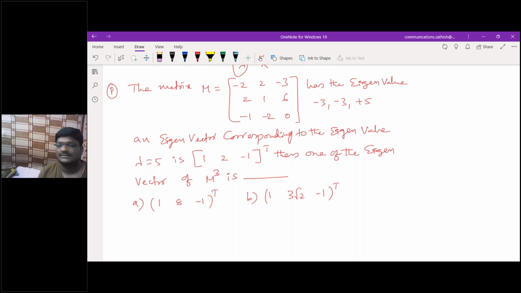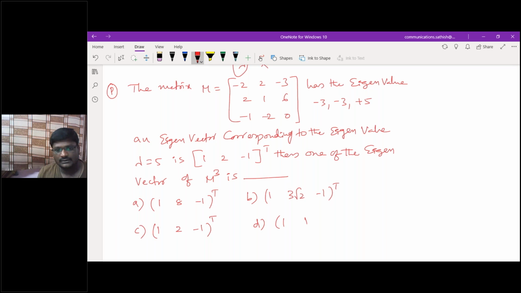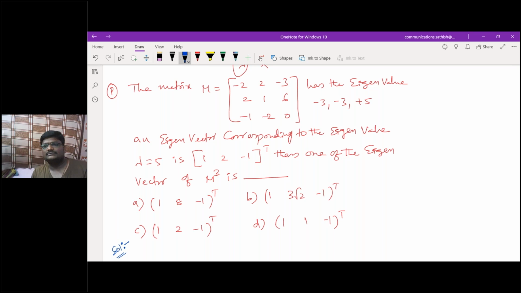And C is (1, 2, -1) transpose. D is (1, 1, -1) transpose. What is the answer for that? I think for this also I have given you the point. Try to give the answer for that. The question seems to be big, but if you use your common sense, it is a very easy manner.